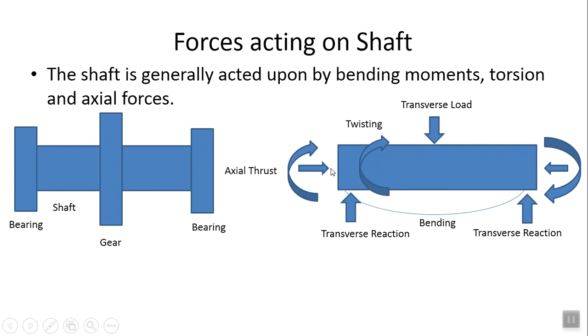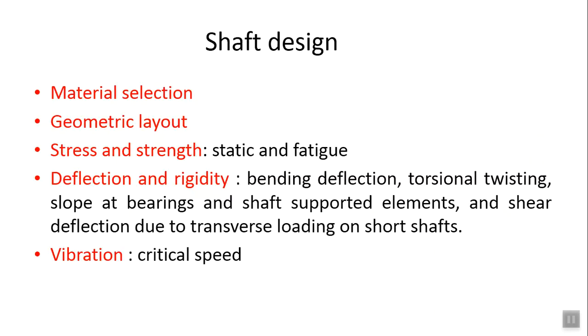Now sometimes with bearings, like cylindrical bearings, in those cases the axial thrust will also be introduced. Okay, so this axial thrust is given from the bearings, from the supports, to the shaft. So the shaft can be subject to bending as well as torsional load as well as axial thrust. So these are the types of loads that act on the shaft.